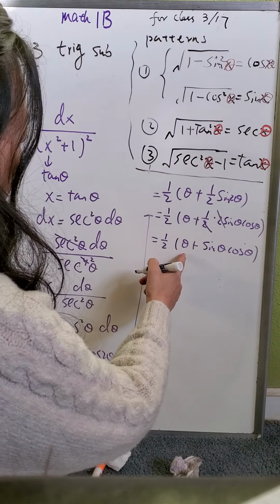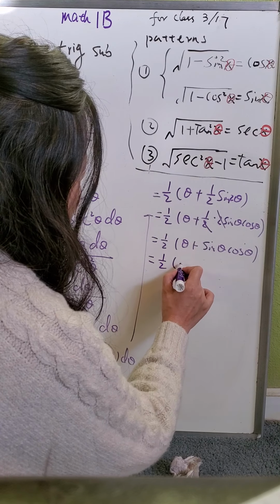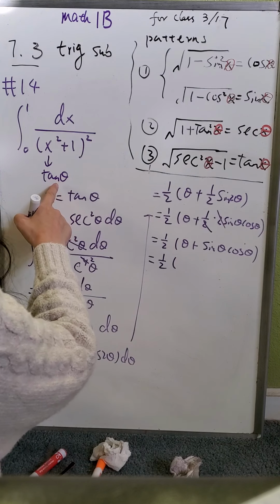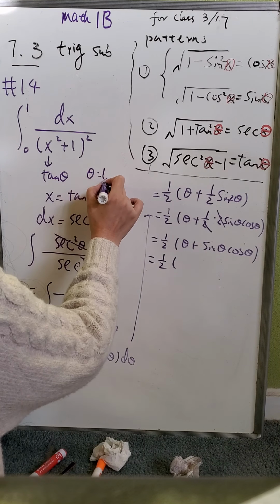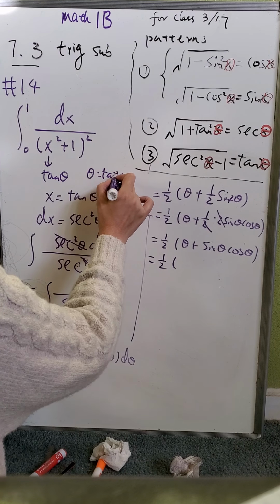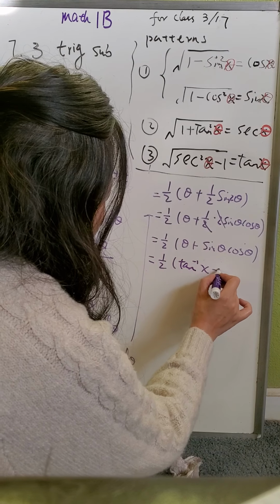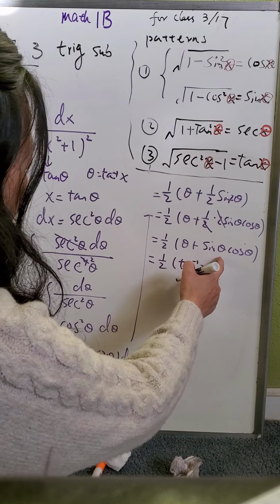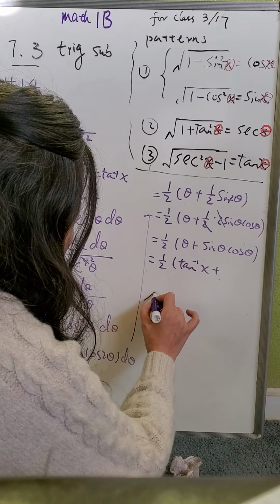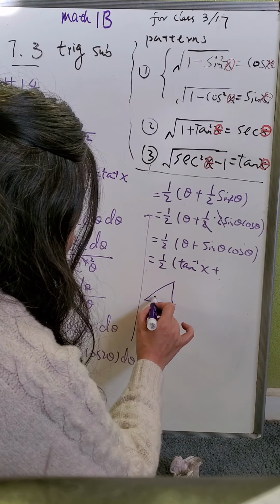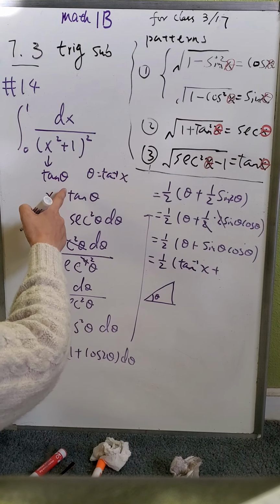Now we just need to find out what's this equal to. Actually, this is one more step. So this is tangent theta equal x. So theta equal tangent inverse x. So tangent inverse x plus this one, we can use a little triangle, okay? And that's my theta here. So tangent theta equal to what?